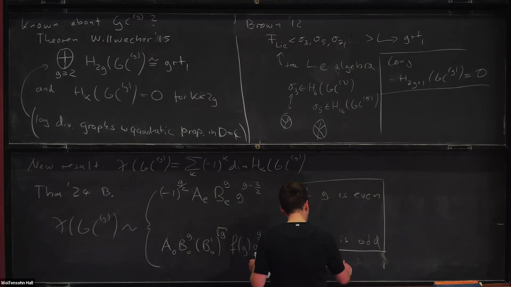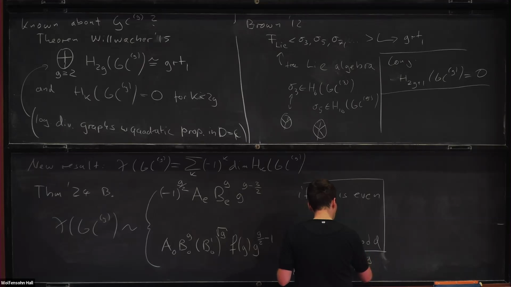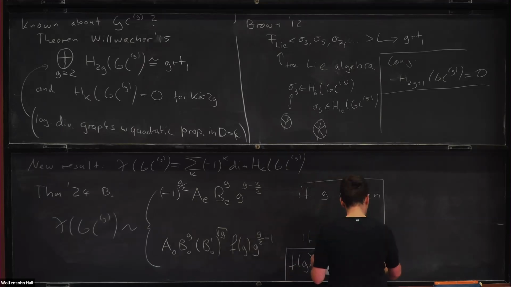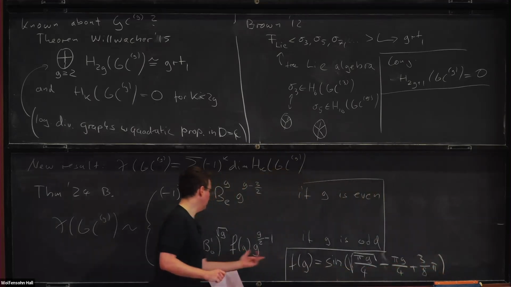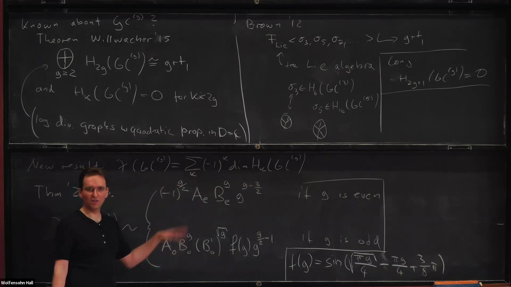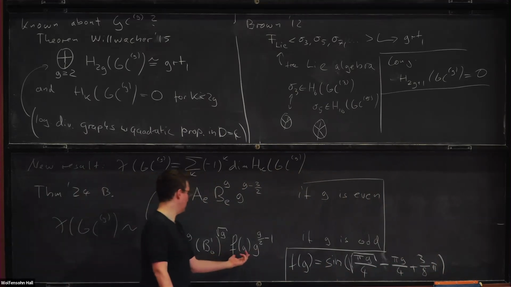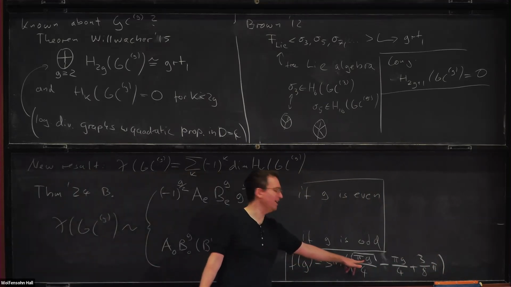So that's a sine of pi times the square root of g over 4, minus pi g over 4 plus 3 over 8 pi. So this means that for odd g, this Euler characteristic oscillates very widely, because this f(g) function involves a sine of something which is a transcendental number.